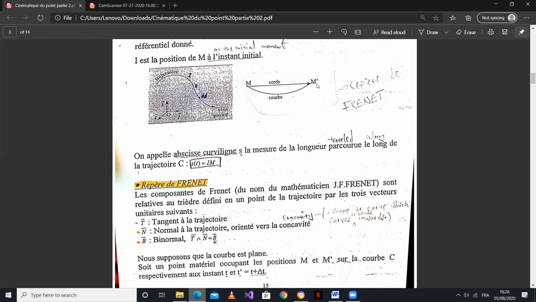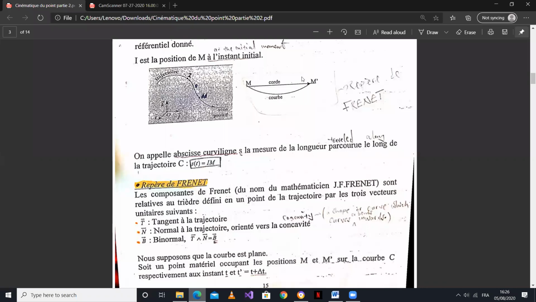When we are studying OM and OM prime in coordonnées cartésiennes, sphériques, and so on, we're dealing with straight lines. You remember that, huh? So when we draw a straight line from M to M prime, we're dealing with d de OM. And now in the abscisse curviligne, we're dealing with curves.